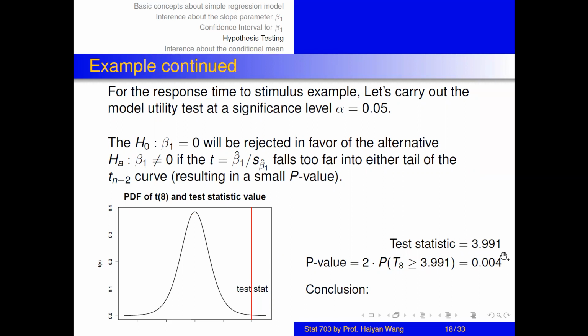The test statistic in this case is 3.991. So we consider the t-distribution greater than 3.991, but we need to double it to get the p-value. In this case, the computed p-value is 0.004. We would conclude that the slope parameter is not 0. So we believe the mean of y given x can be explained by this linear relationship.